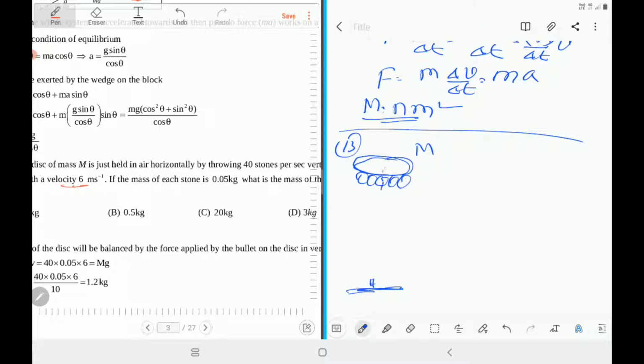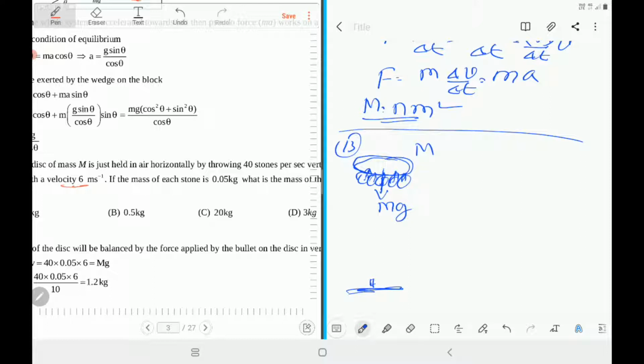What is the weight of the disk? If mass is m, the weight mg acts down, but the small stones exert force upwards. What is the force exerted by each one? We have to find that by using this calculation.